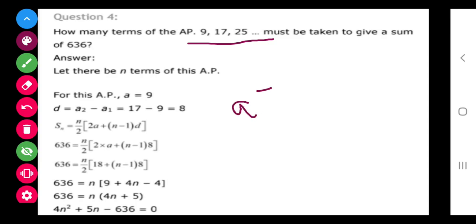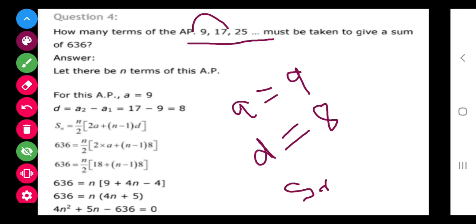From here we can make out A is equal to 9. From here we can make out that D is equal to 8, that is 17 minus 9. And Sn is given, that is 636. And what we need to determine is n.